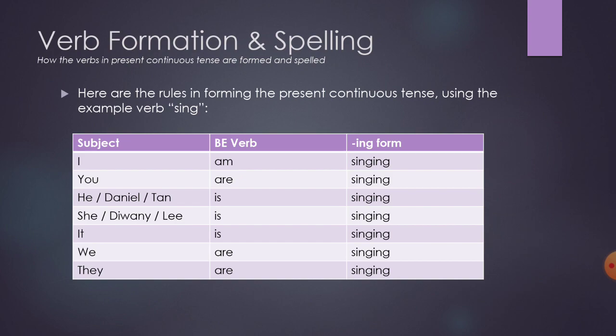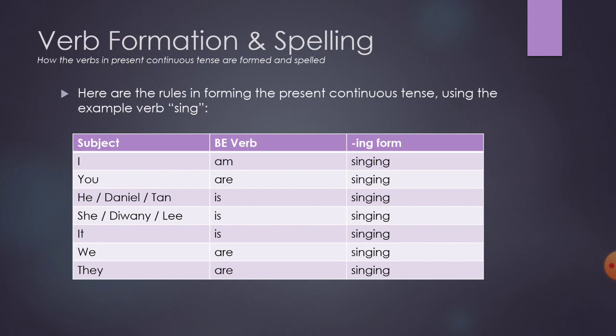As I have stated earlier, are can be used for you even though it is singular, which means that are is used for plural subjects usually. Example that we can see from this slide is we followed by the be verb are. We are singing. And another example is they are singing.